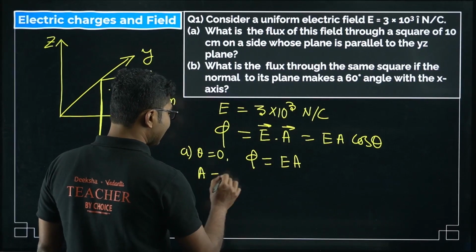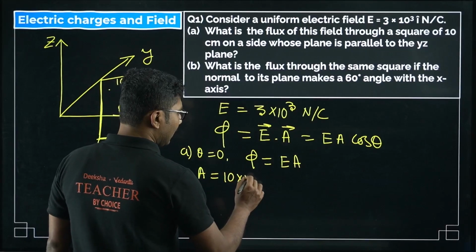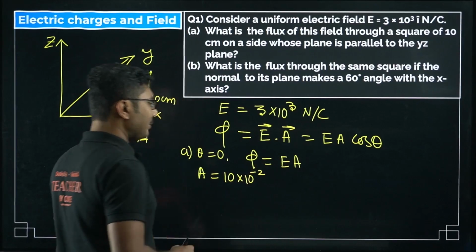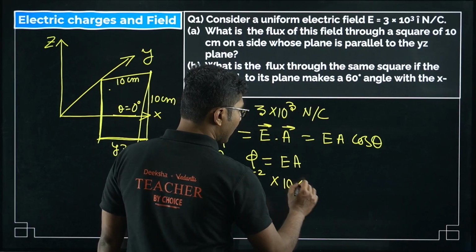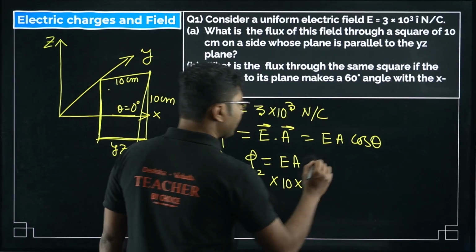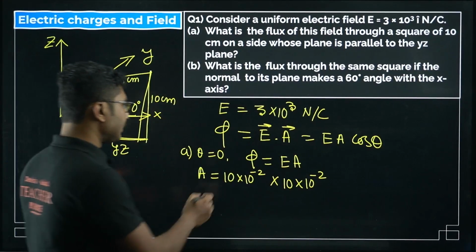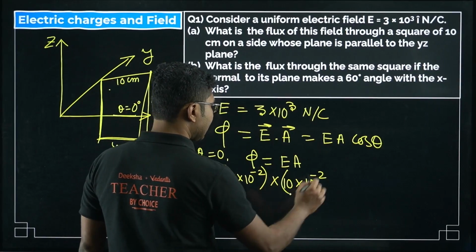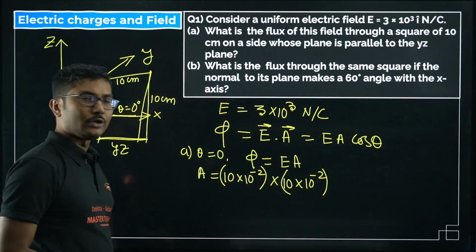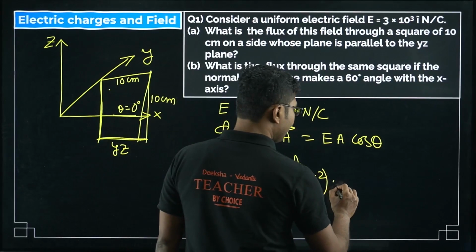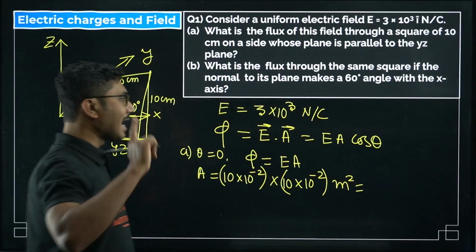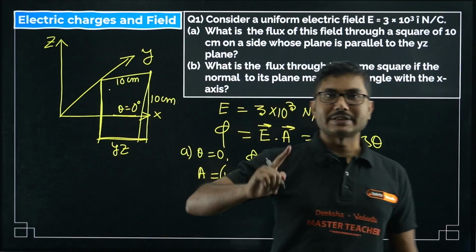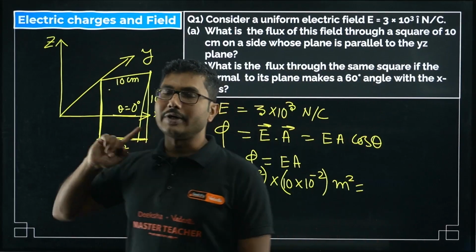What is the area, by the way? The area is 10 centimeter by 10 centimeter. Always convert centimeter into meters, and to do that always use 10 to the power of minus 2 as multiplier. So first check, have I converted all the units into SI units or not? Very important.